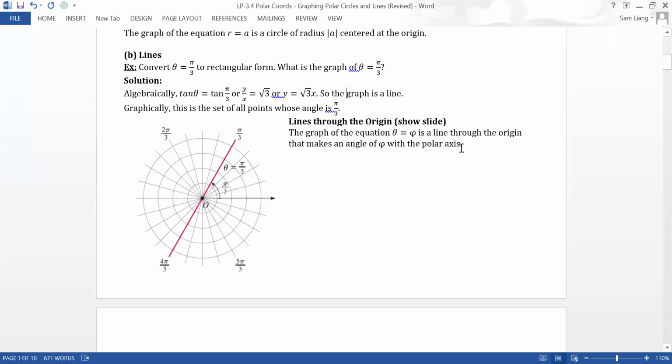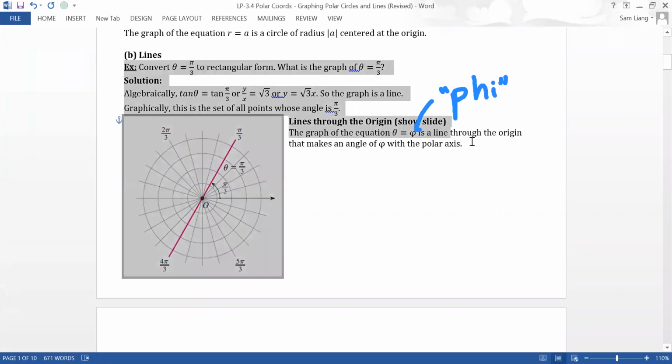And in general, the graph of the equation theta equals phi, that's the Greek letter phi, is a line through the origin that makes an angle of phi with the polar axis. So bottom line, just please copy this.